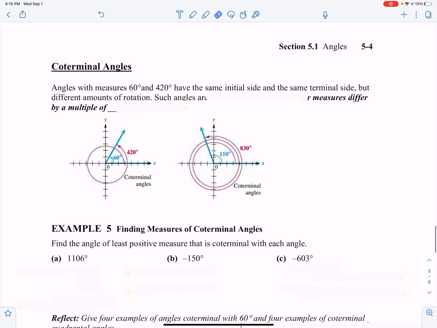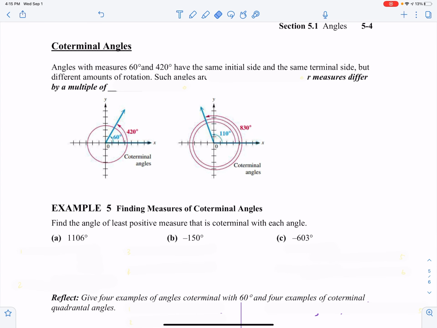All right, now let's talk about coterminal angles. Coterminal angles, let's look at an example of coterminal angles. 60 degrees and 420 degrees have the same initial side and the same terminal side, but they're completely different amounts of rotation. So take a look. This turquoise colored angle is a 60-degree angle starting at the initial side and stopping at that blue terminal side.